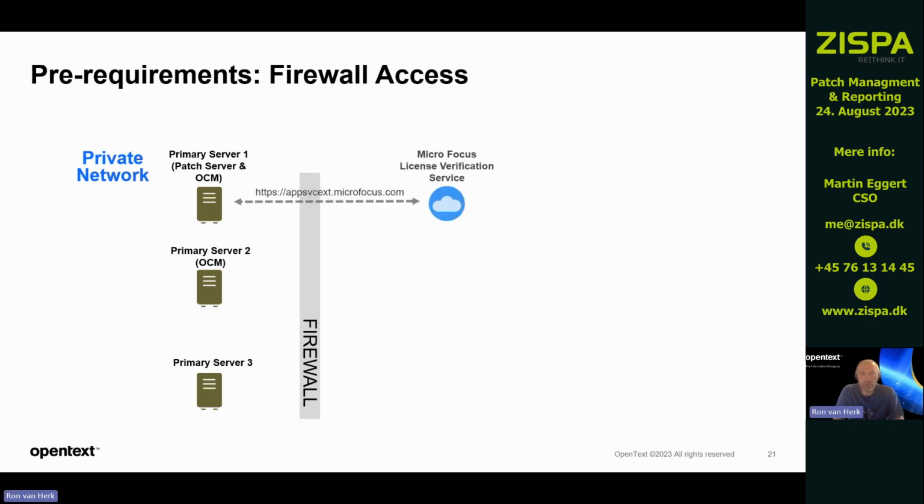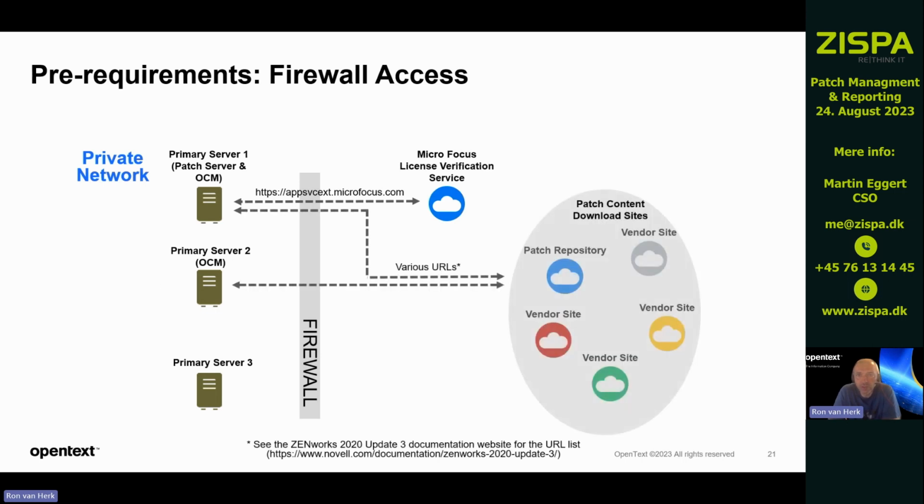Another thing you want to look at is the firewall. If you do go to the new patch management feed, some firewall things have changed. Obviously, that's in the documentation. In your old system, you were used to having one patch management server that would download the content from the internet. Now you still need to have one to verify the license. That's one specific server, the server that you assign as a patch management server.